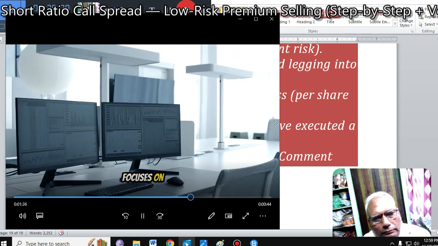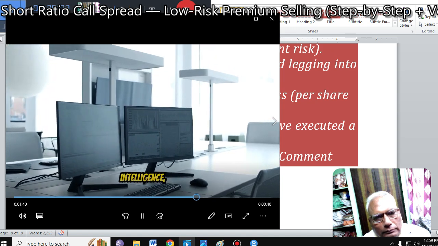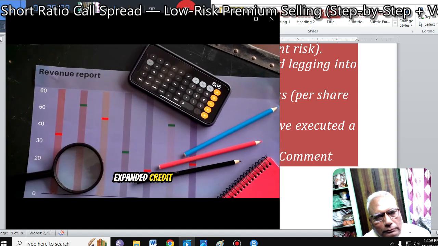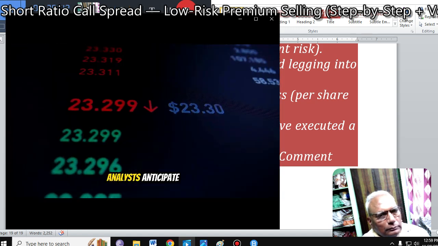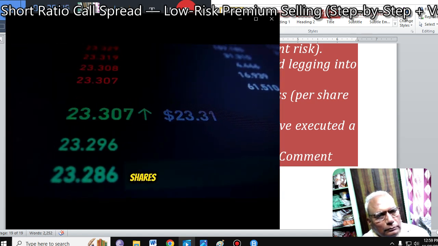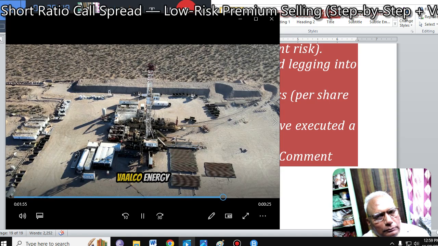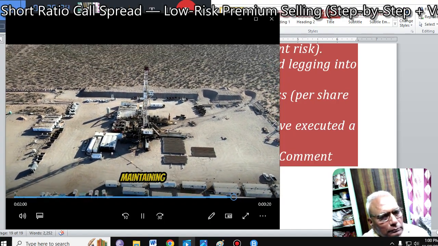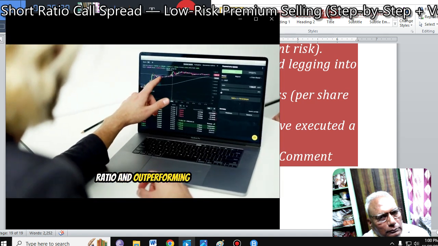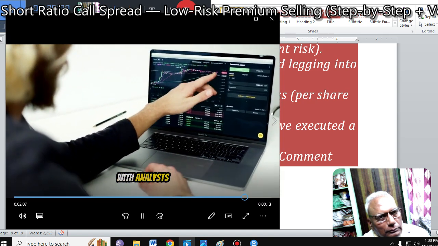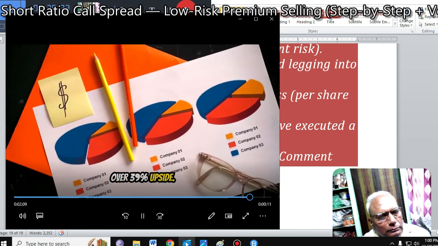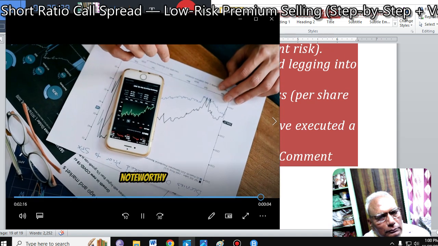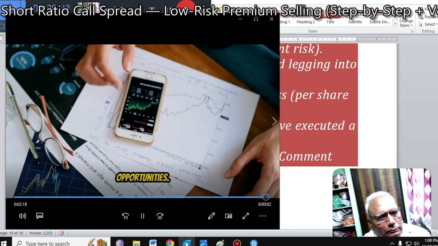Innodata Inc. focuses on data engineering and artificial intelligence, boasting a 66% year-over-year revenue increase and expanded credit facilities to support further growth. Analysts anticipate Innodata shares could rise by more than 78%. Vaalco Energy Inc. operates in oil and natural gas exploration, maintaining a low PEG ratio and outperforming earnings expectations, with analysts projecting over 39% upside. Each of these companies demonstrates unique strengths and growth trajectories, making them noteworthy considerations for investors seeking value opportunities.